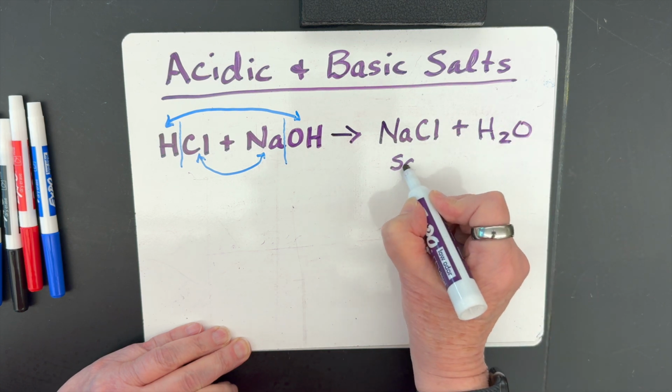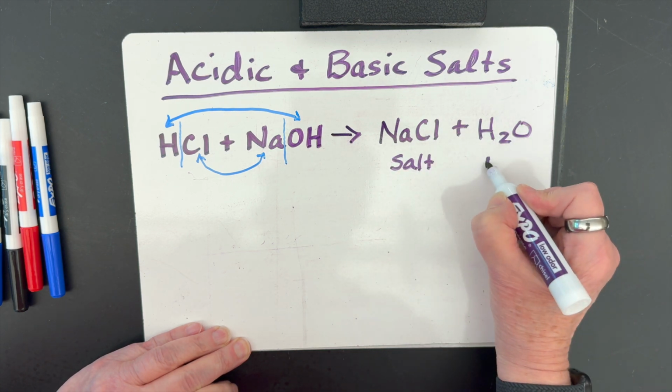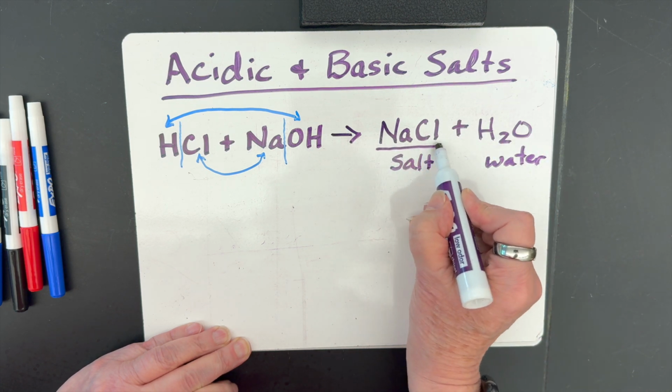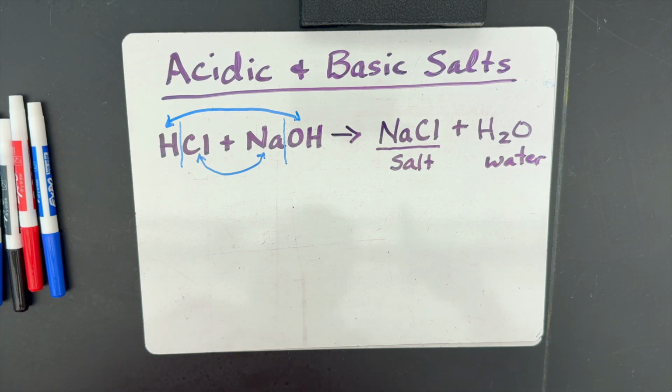So we get a salt and we get water. You would think that this salt would be neutral, and sometimes they are, but sometimes they're still acidic and sometimes they're still basic. So in this video, we're going to talk about how you determine which type it's going to be.